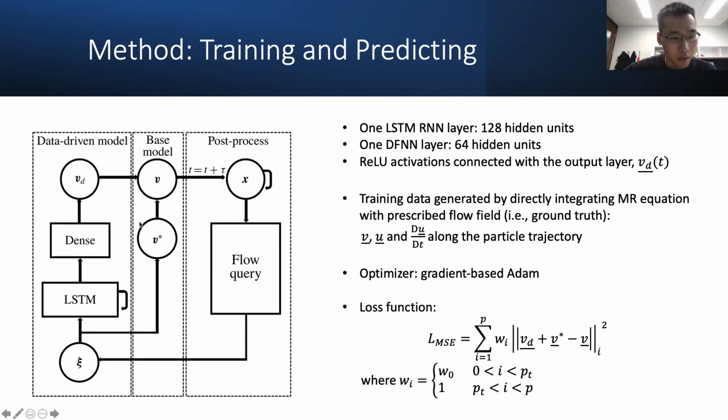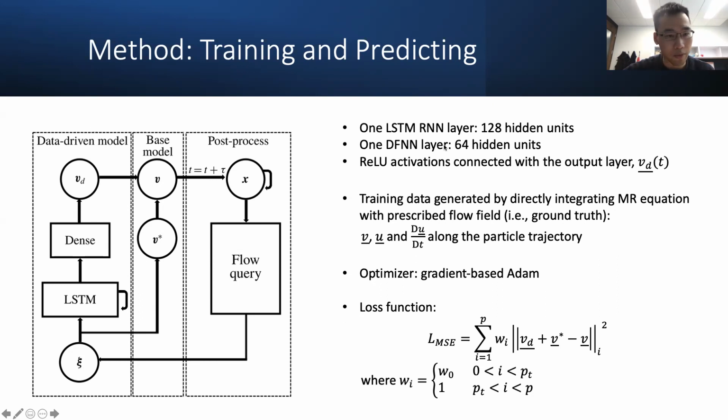And once they got this new particle velocity, they march the particle to the next time step, where they will have a new fluid velocity around the particle, and they then feed this back into the time series to the recurrent neural network.